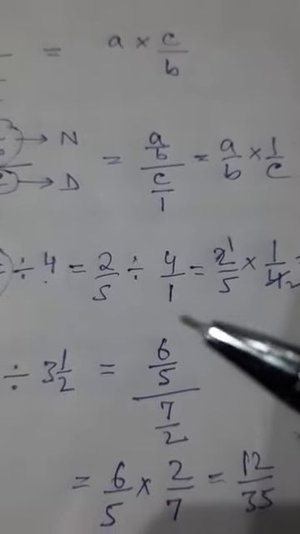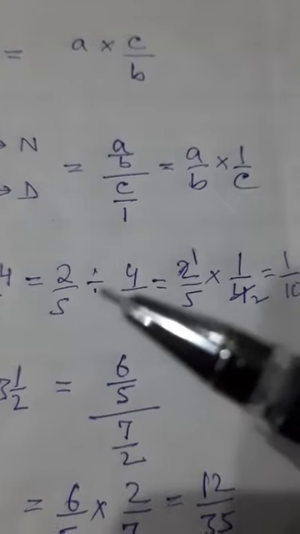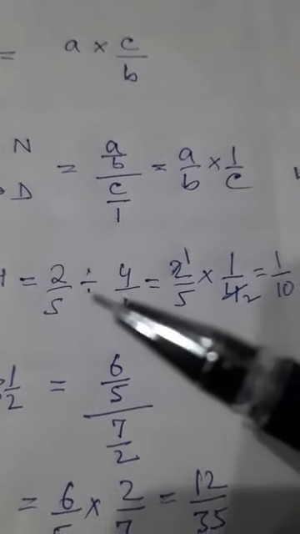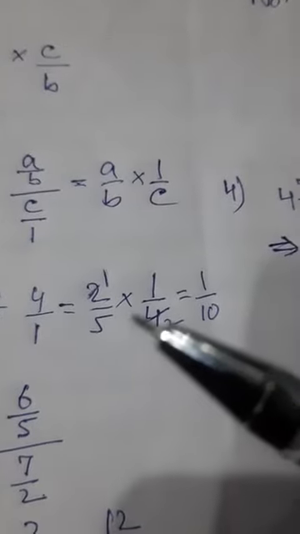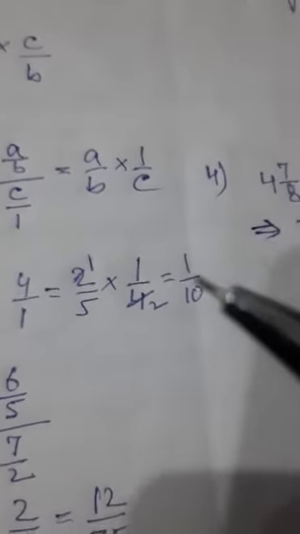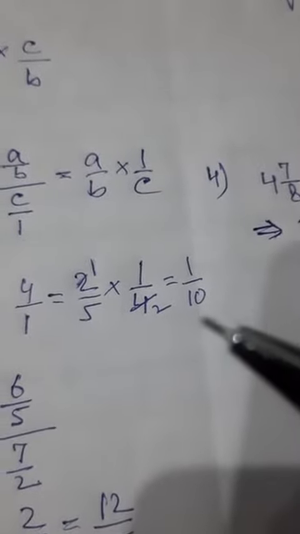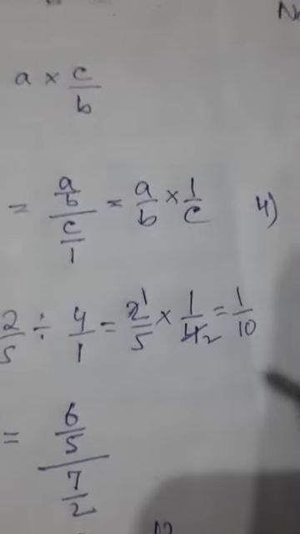So this is numerator, it is not going to change, and denominator will get reciprocated once division converts into multiplication. So multiplied by 1 by 4, and we can simplify here to get the answer as 1 upon 10. You must have learned this simplification in multiplication.